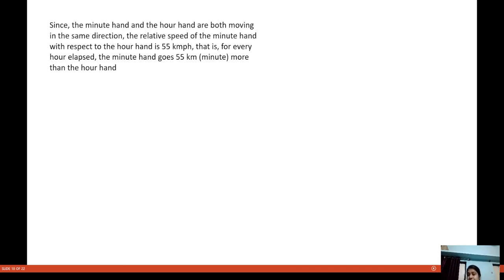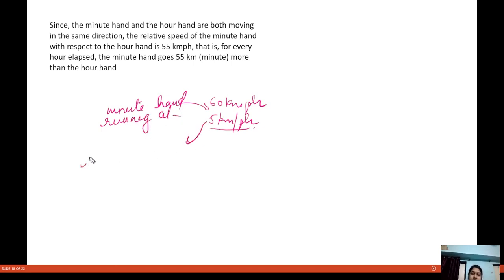Now we already know that the minute hand is running at 60 kilometer per hour, and the hour hand is running at 5 kilometer per hour.